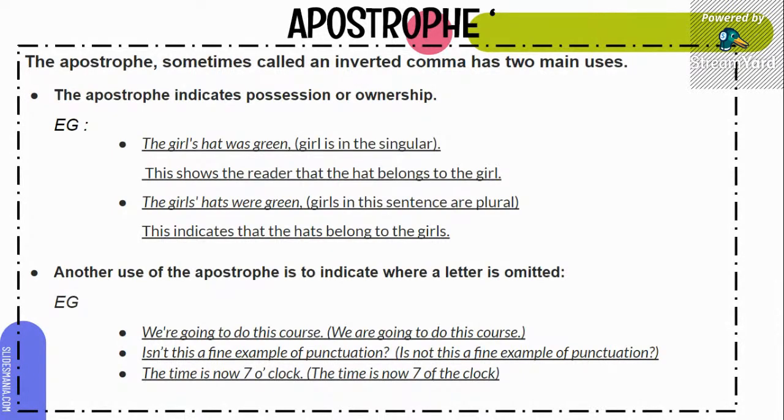Okay, now I've seen many of you started giving examples. Very good. Raja's here is singular because the apostrophe is used before the S. Very good.